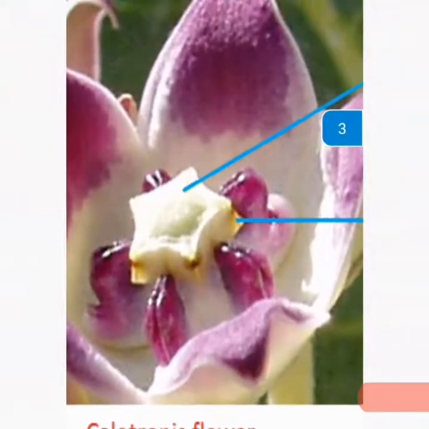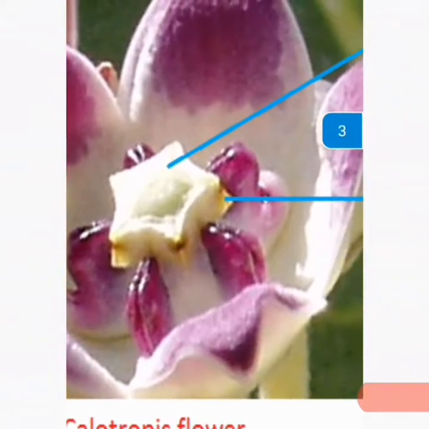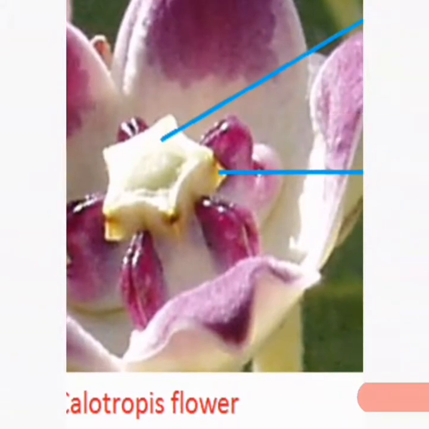And what is the peculiarity of the Calotropis? In the Calotropis, the androecium and the gynoecium are united. So gynostemium is present. Here a pentangular disc is present, which is nothing but the stigma, and here the dark purple colored structures are there.